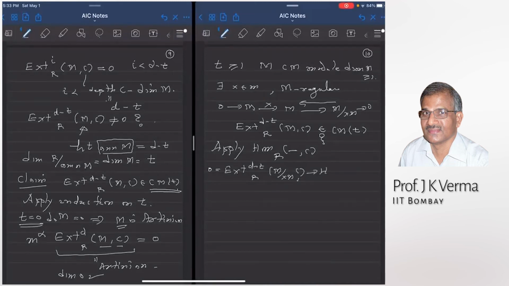So to Ext^{d-t}(M, C), then Ext^{d-t}(M, C) again, this is multiplication by x, and then I get Ext^{d-t+1}(M mod xM, C), and then what will I get after this?